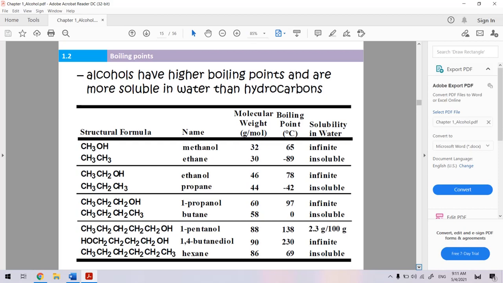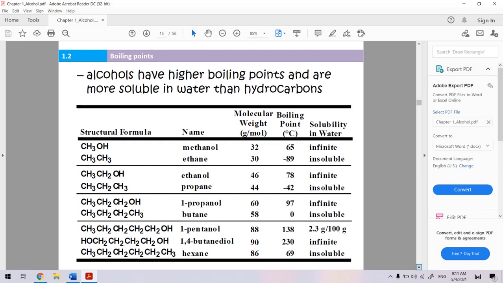When the number of carbons in the hydrophobic part increases, the solubility of the alcohol in water will decrease, because water has hydrophilic properties.